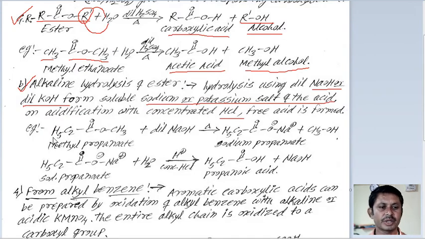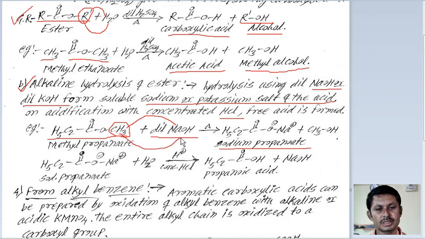It is a two-step reaction. In the first step, methyl propanoate, that is the ester, on alkaline hydrolysis with NaOH gives sodium propanoate by the replacement of the CH3 group by a sodium metal, and that CH3 group combines with the hydroxyl group to give an alcohol.